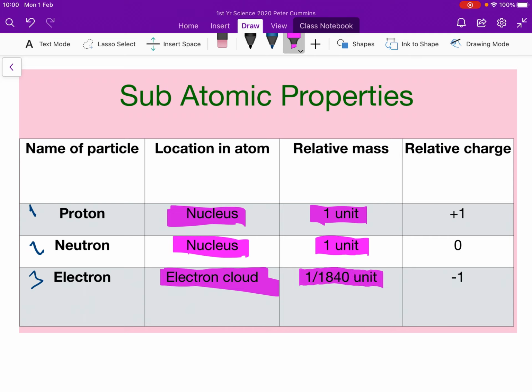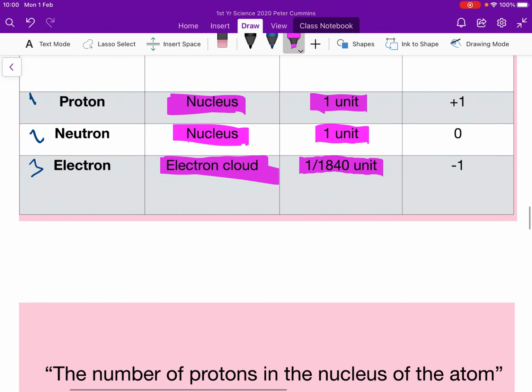The electron is nowhere near that. The electron is much, much lighter, at 1 over 1,840 units.